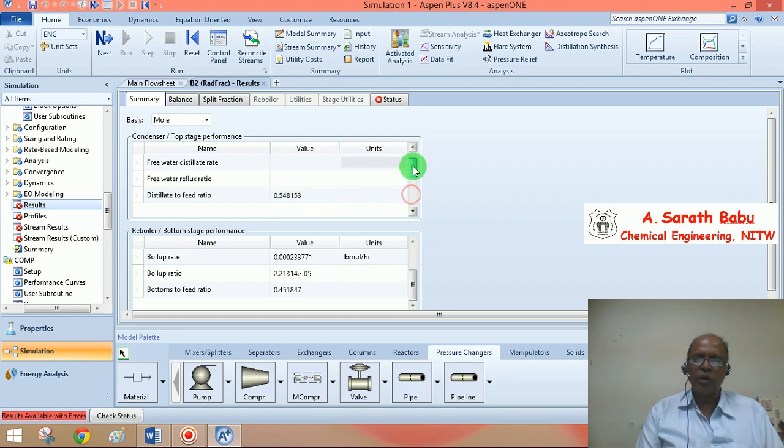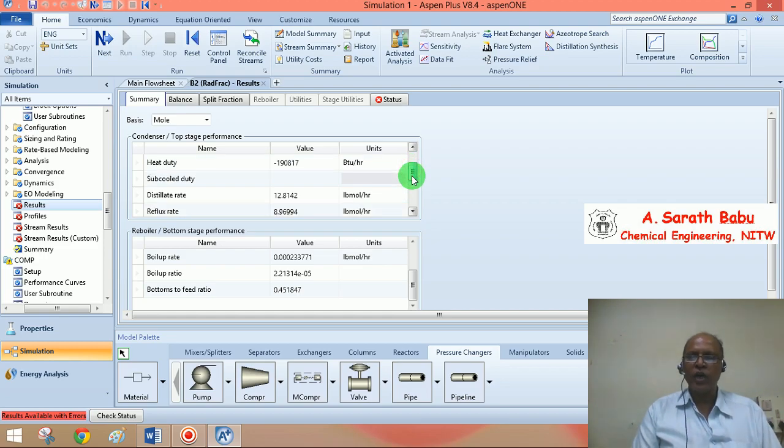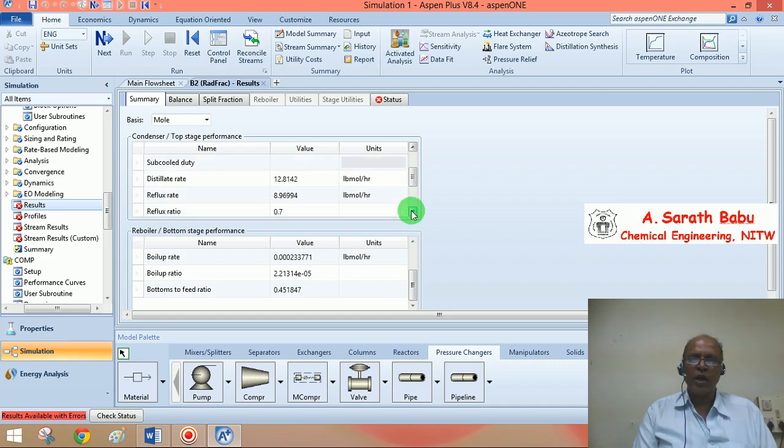So two variables are at their bounded solution. 150, that is with respect to the flash column pressure, the lowest of the range that we are varying. Similarly, reflux ratio is at the highest, 0.4 to 0.7, but the distillate to feed ratio range we have given is 0.4 to 0.7, but it has been optimized at 0.54.